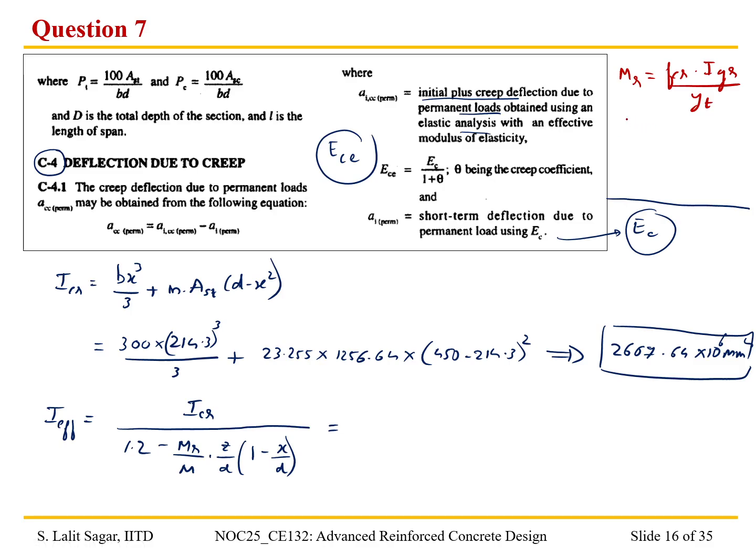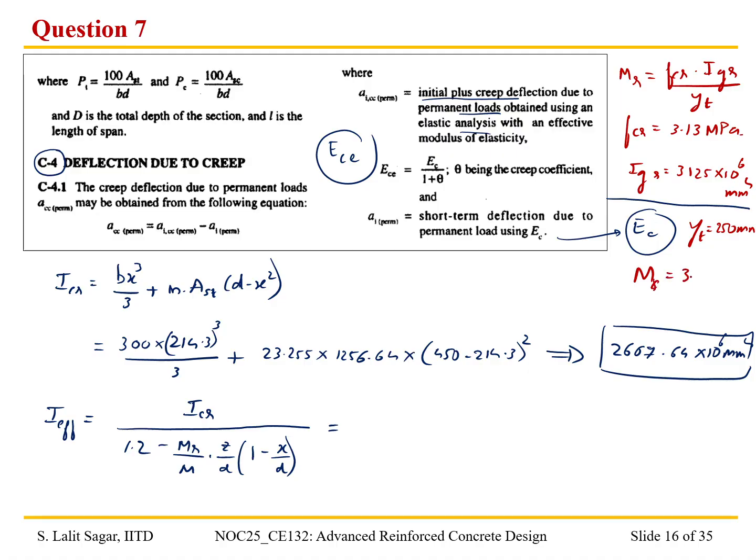So the value of FCR is 0.7 root FCK, that is 3.13 MPa, and IGR is same, that is, I reckon it is 3125 multiplied by 10 to the power 6 millimeter power 4, and YT is 250 millimeter, right?